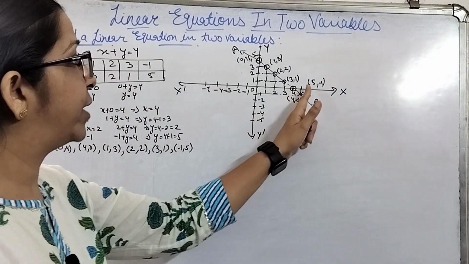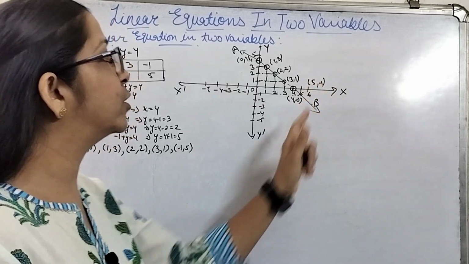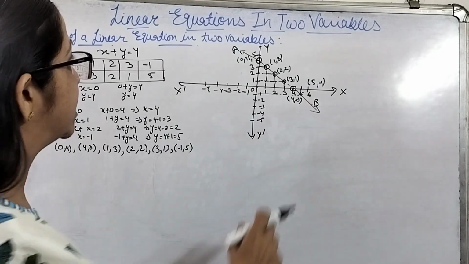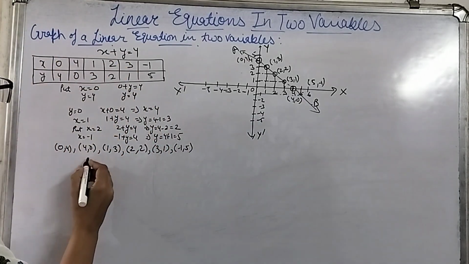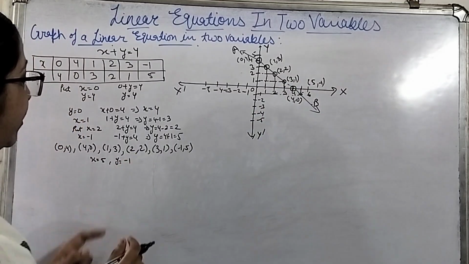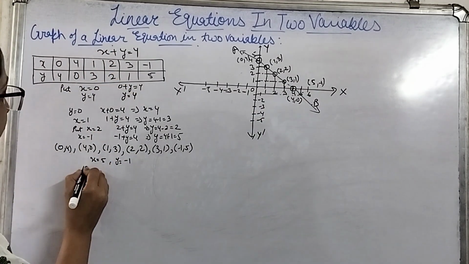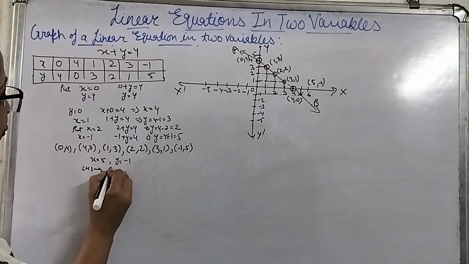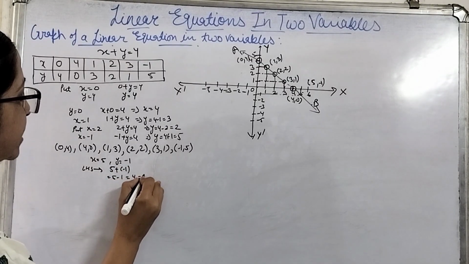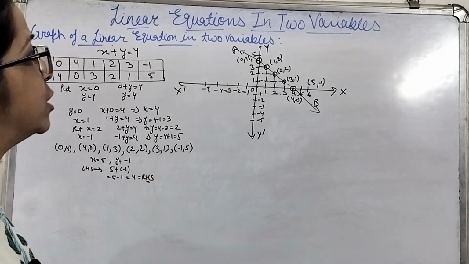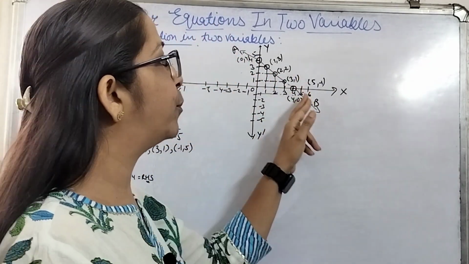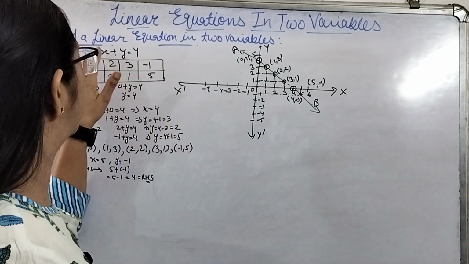So this point 5 comma minus 1 is even going to satisfy this equation. If I keep x equal to 5 and y equal to minus 1 in this equation, your LHS part will become 5 minus 1, that is 4, and it is equivalent to your RHS. That means whatsoever the point will lie on this line AB, every point will be the solution of this given equation.